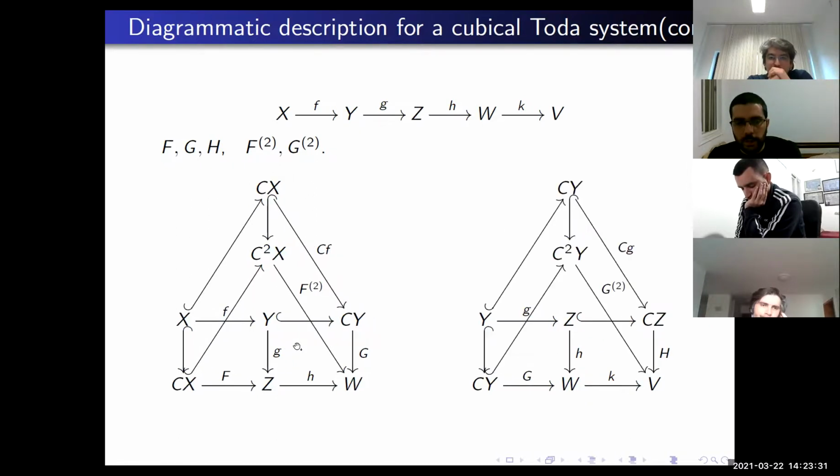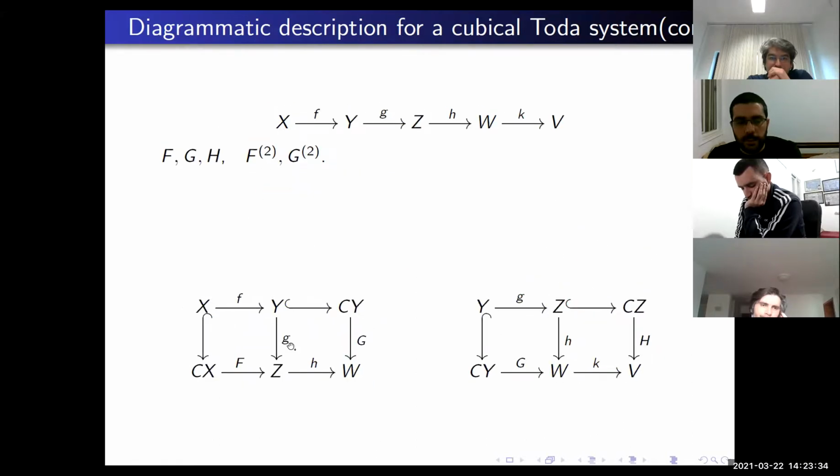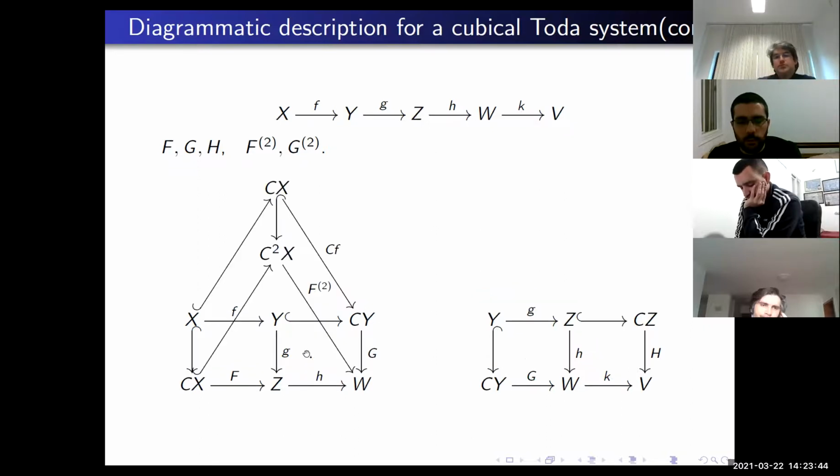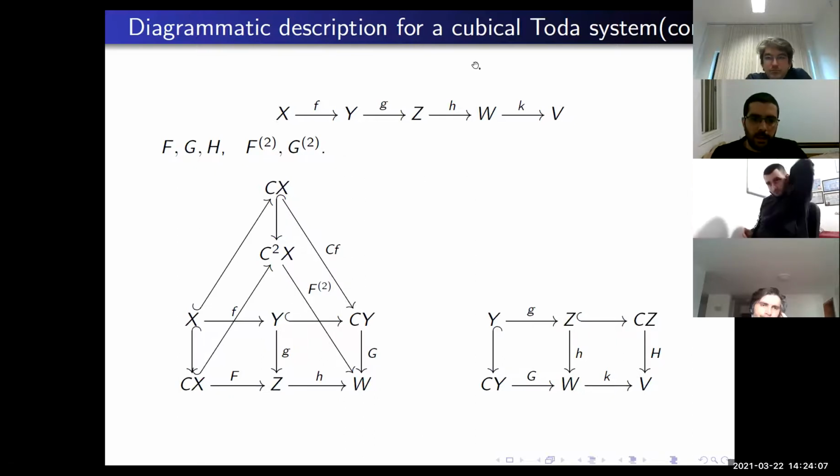We can think about it as a composition of two maps, maps between maps. And we have here a null homotopy F2. If the diagram here is commutative, it's the same as saying that F2 is the second order null homotopy I chose before.